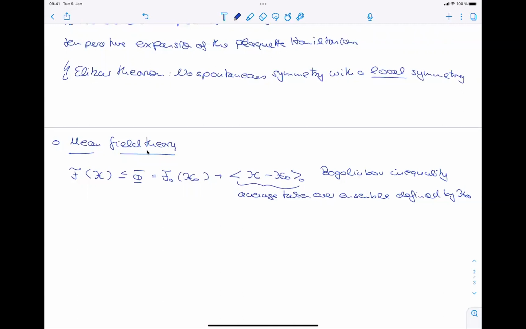And so now we can even refine this method to define the so-called mean field free energy as the minimum of this function minimized with respect to a parameter H naught that's part of my simplified Hamiltonian. So that's the mean field free energy.